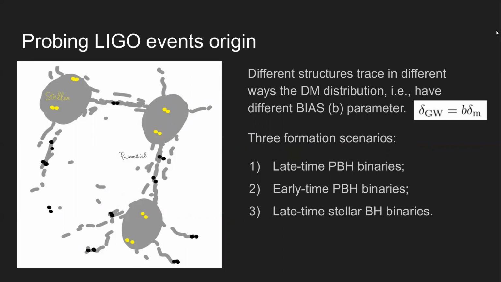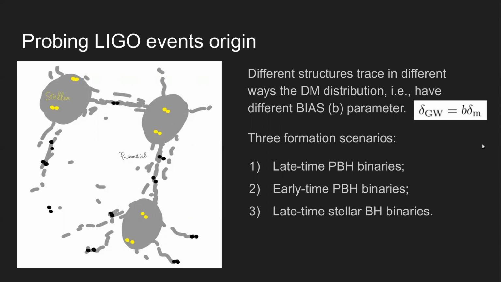Well, first of all, I'm going to say what I think everyone here already knows: that different objects trace the underlying dark matter distribution in different ways, and we typically refer to the parameter that tells us how an object traces the underlying dark matter distribution as the bias parameter.